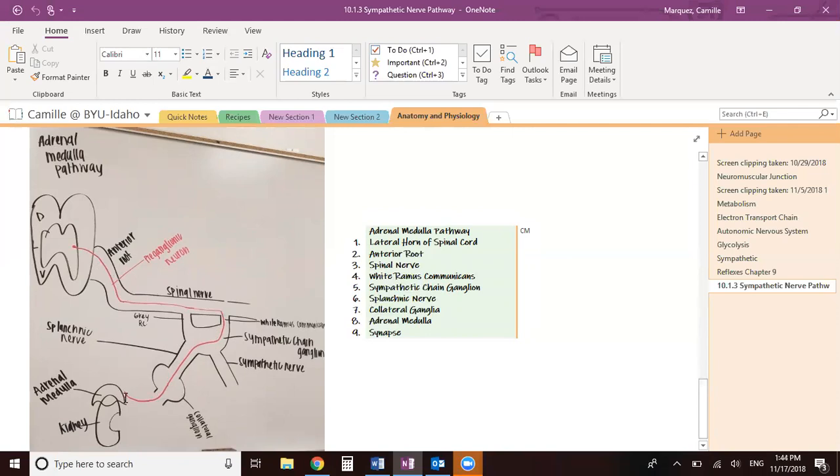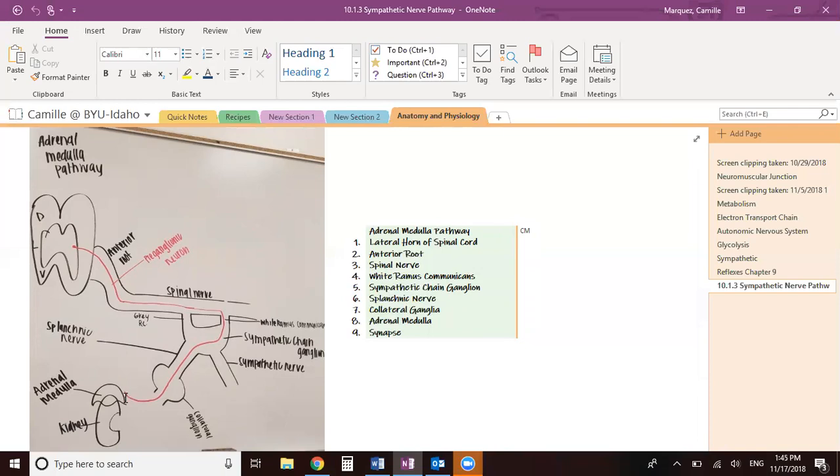Your adrenal medulla is going to produce norepinephrine, which will be released into the bloodstream, where blood goes everywhere. So everywhere with sympathetic receptors will then be activated because it is in the blood. So it creates a mass sympathetic reaction, kind of like an adrenaline rush.